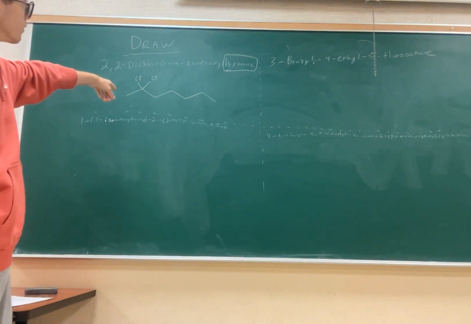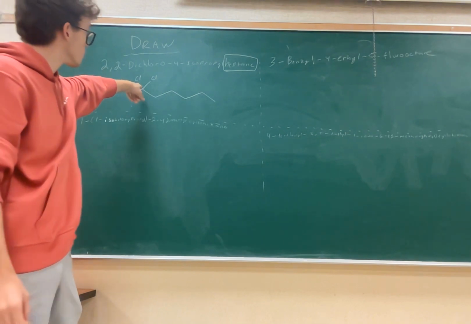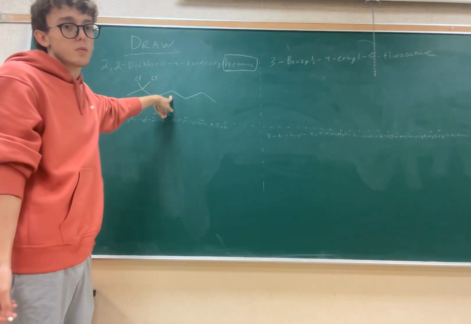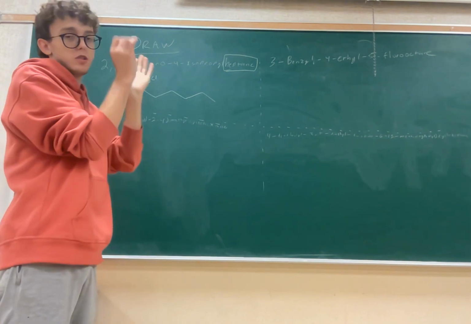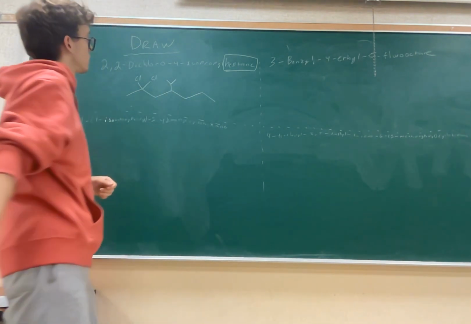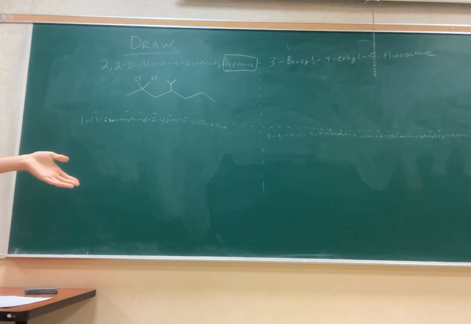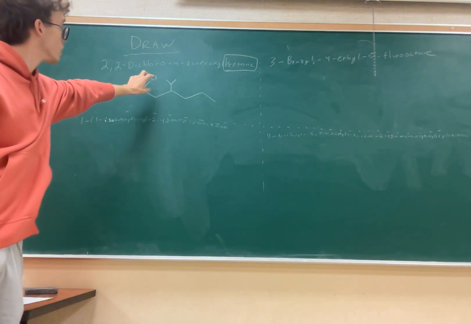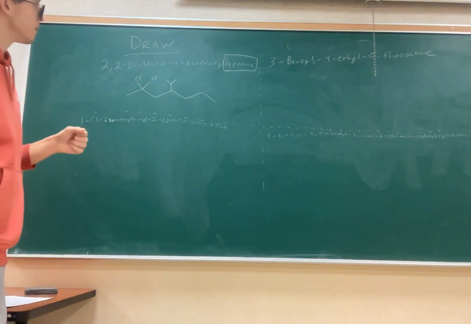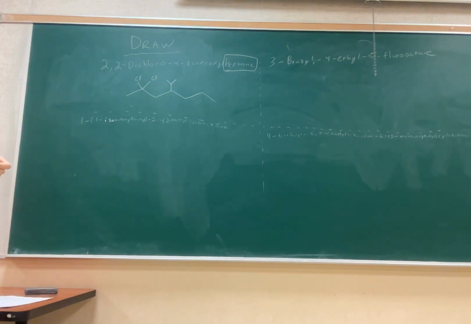And for 4-isopropyl, this is carbon 2, carbon 3, carbon 4. Isopropyl is a propyl group that's just branched, so it's going to look something like that. So that is 2,2-dichloro-4-isopropylheptane.